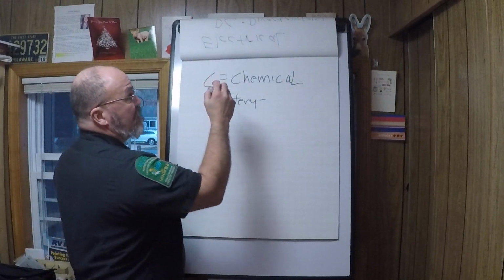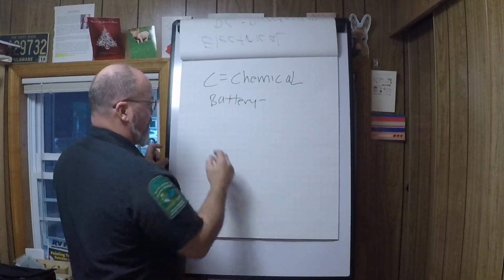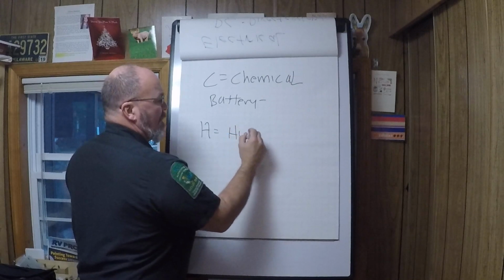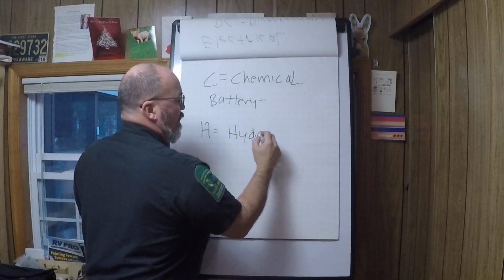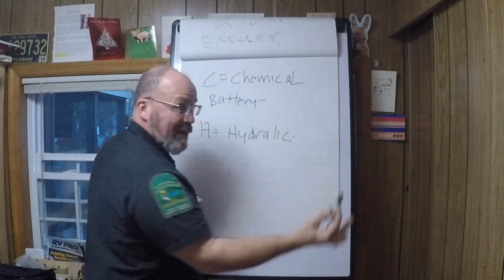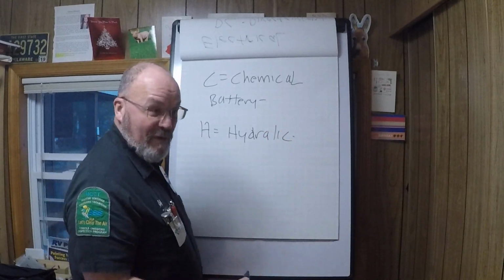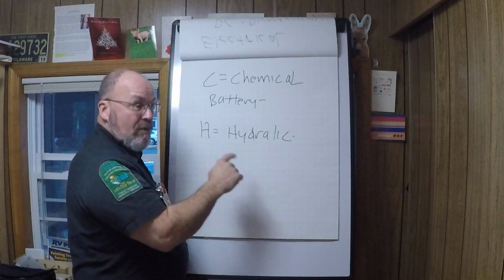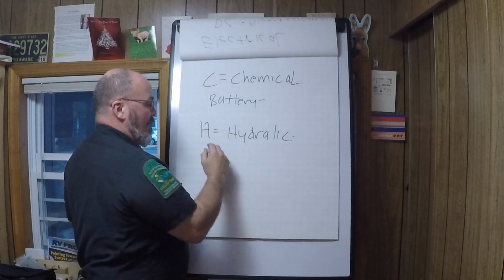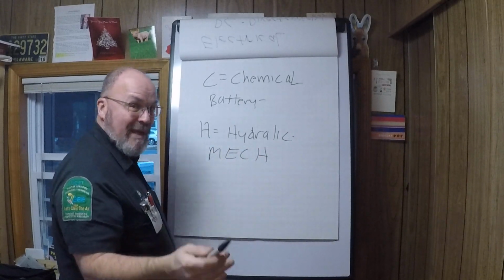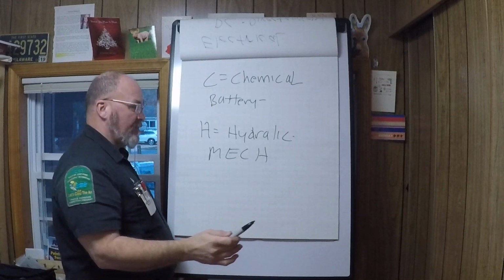The last one in M-E-C-H is H, hydraulics. I think there's a U in there, hydraulic. I'm not the best speller, but there's a U in there. I forgot to put it in. So we can do this. M-E-C-H. Let's take the battery, right?